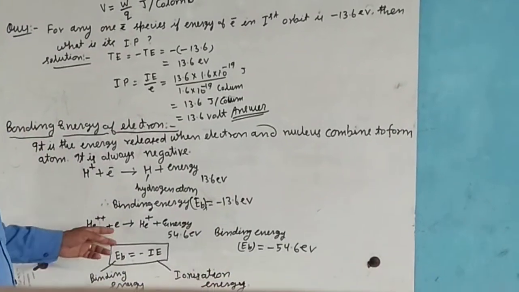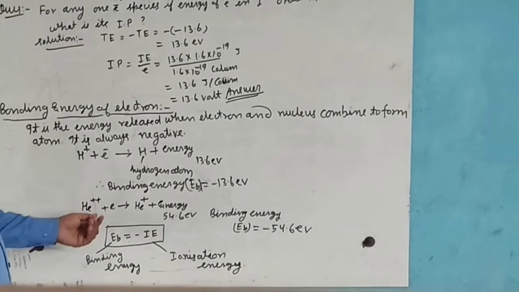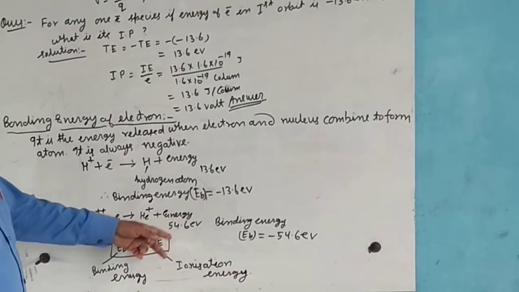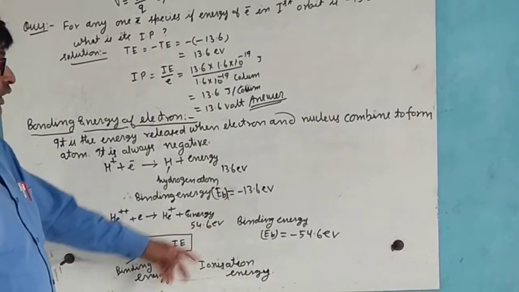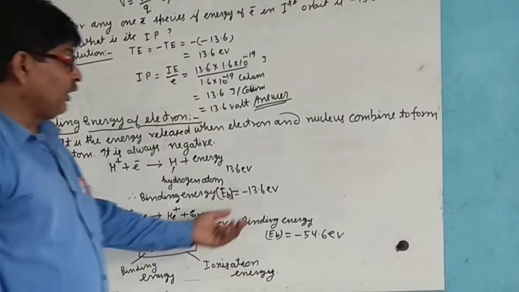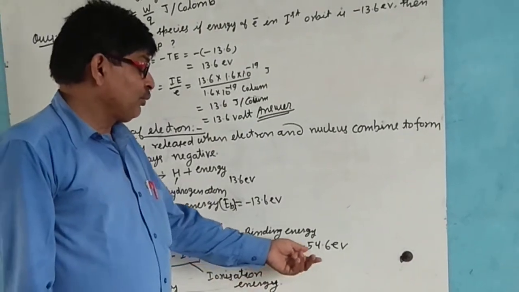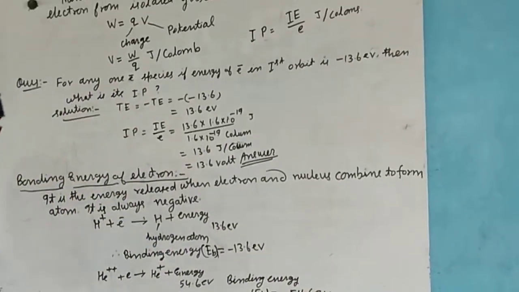And helium also attaches to an electron here, forming a helium ion, and it releases 54.6 electron volt, so the bonding energy is equal to negative 54.6 electron volt.